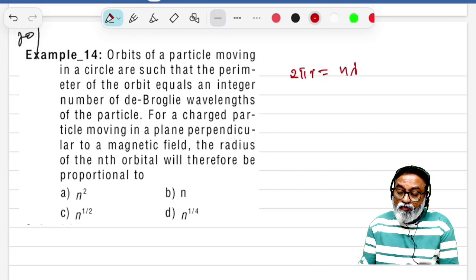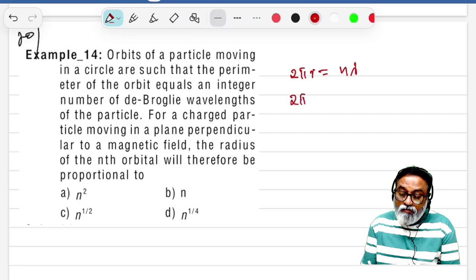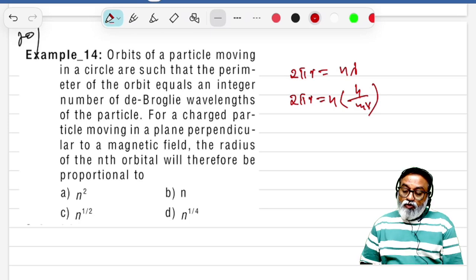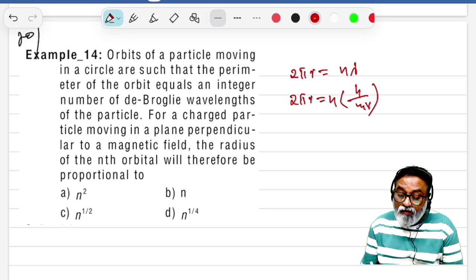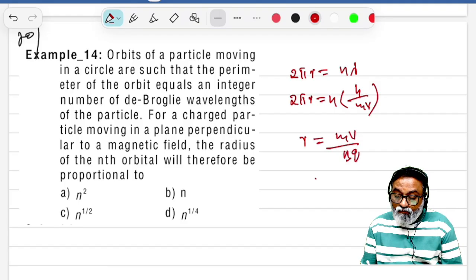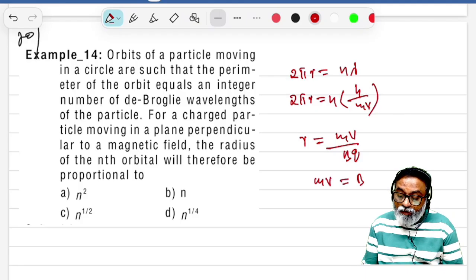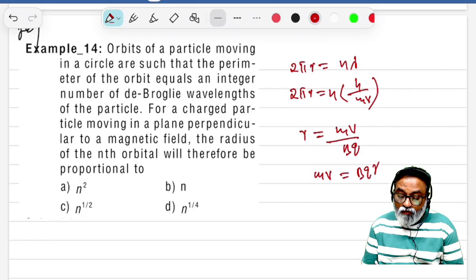Therefore, 2 pi r is equal to n lambda, where lambda is h by mv. But in a circular path, radius r is equal to mv by Bq. From this, mv is equal to Bqr.